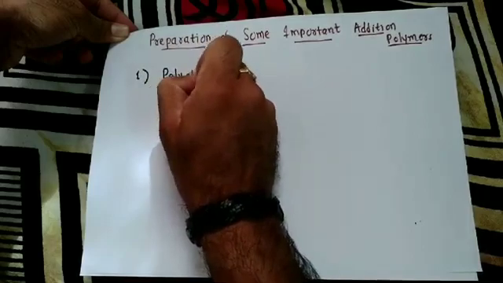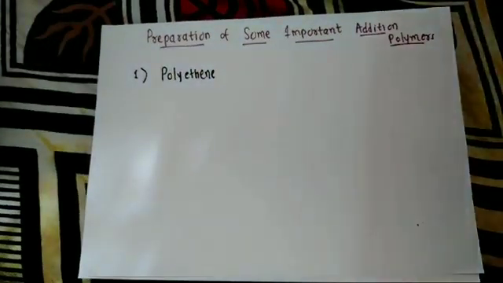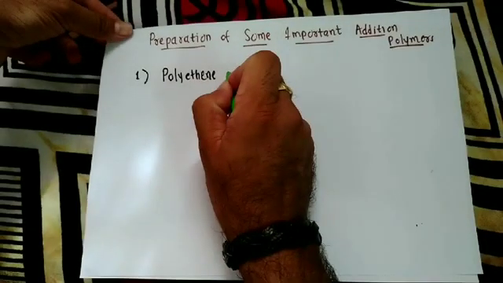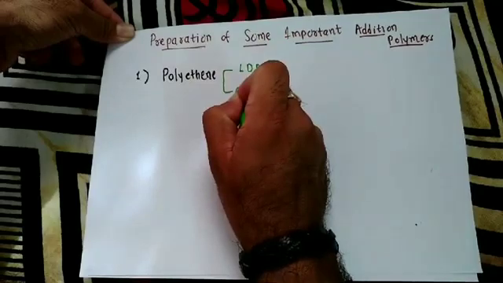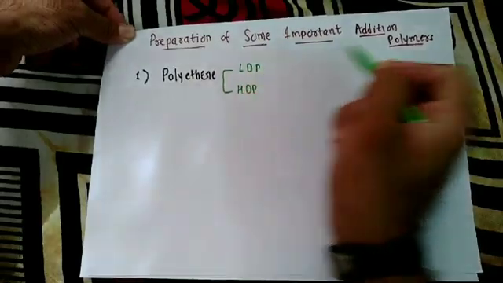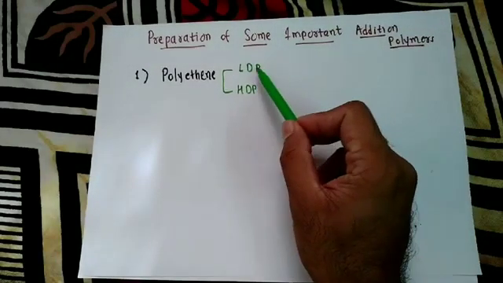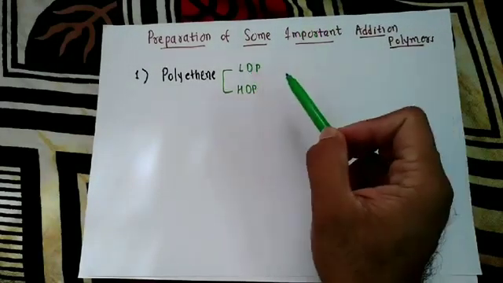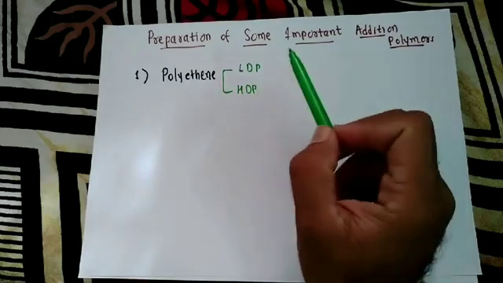Polythene is of two types: LDP and HDP. What is the full form of LDP and HDP? LDP is low density polythene, whereas HDP is high density polythene.